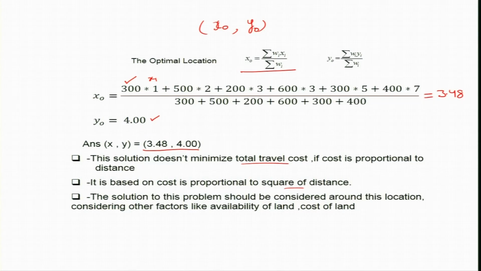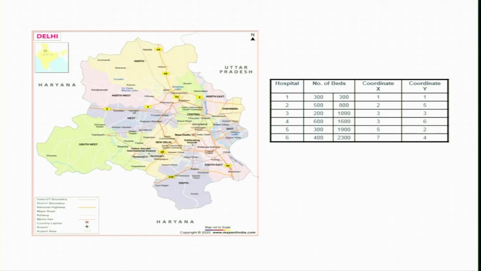You may find that, let me explain with the help of a map. Suppose let us draw the coordinates here, x, y. So, my hospital 1 is at 1 1, so maybe somewhere here, this is my hospital 1. Then 2 5 may be somewhere here, this is my second hospital.